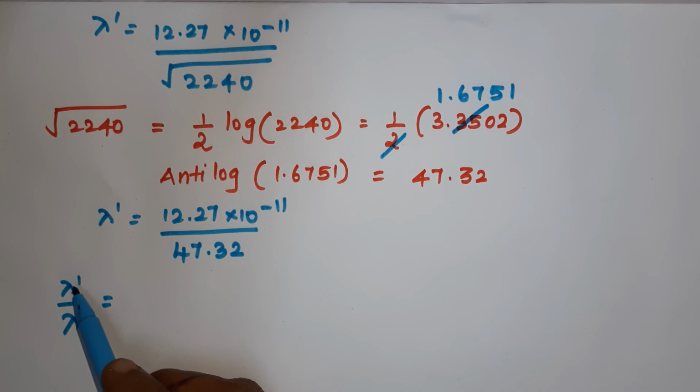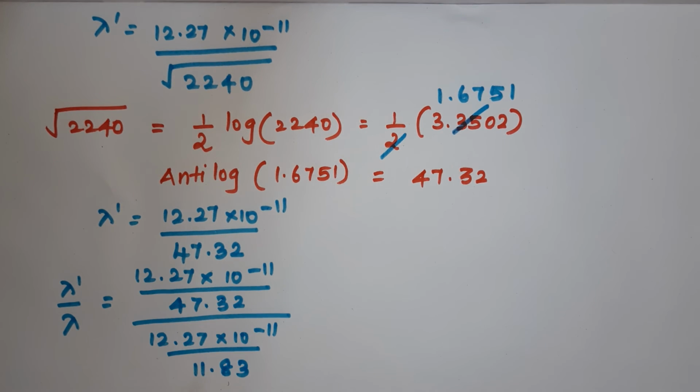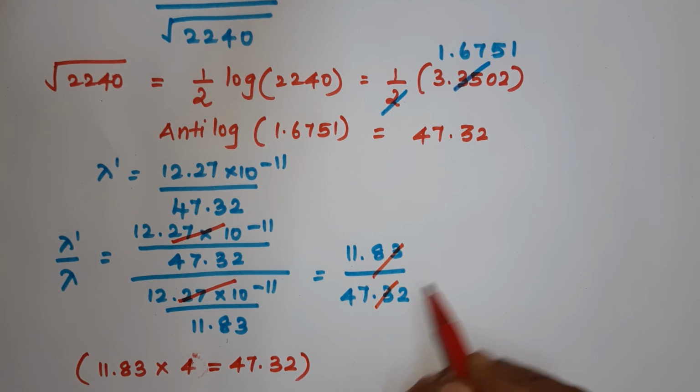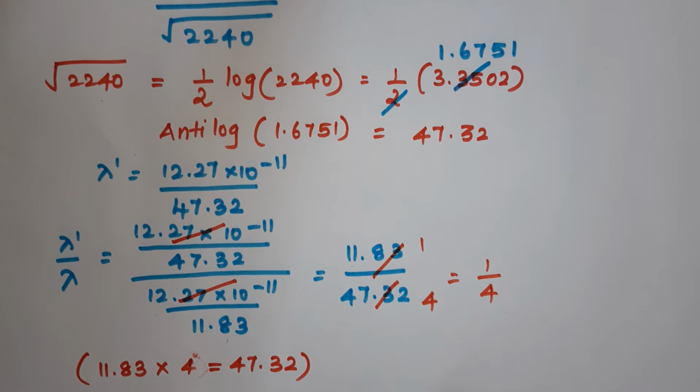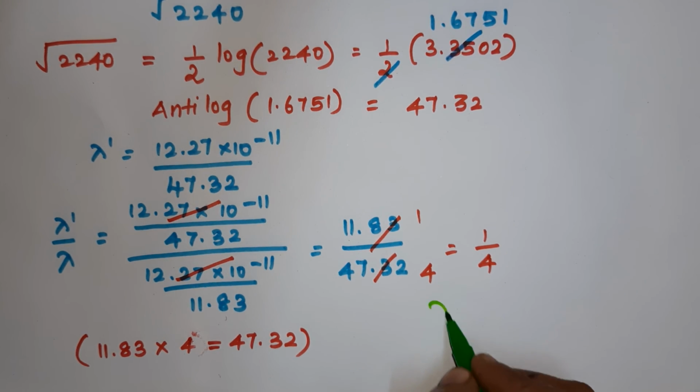We shall now find lambda dash divided by lambda. After substituting the values, this term and this term will get cancelled. Remaining we have 11.83 divided by 47.32. We cancel this, we get this to be 1 by 4. Thus, lambda dash divided by lambda is equal to 1 by 4.